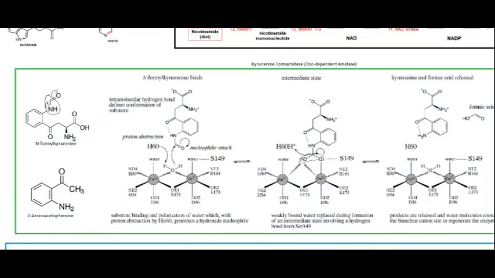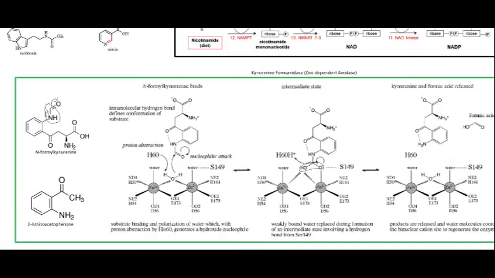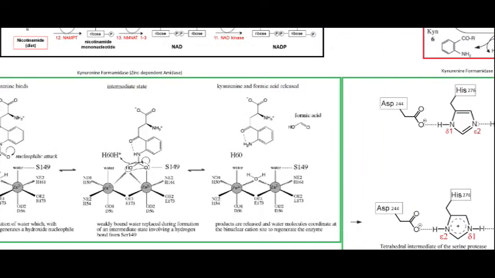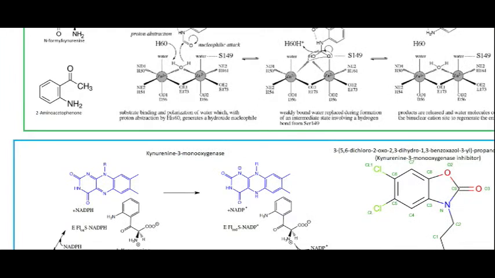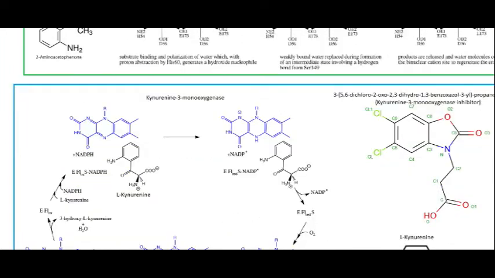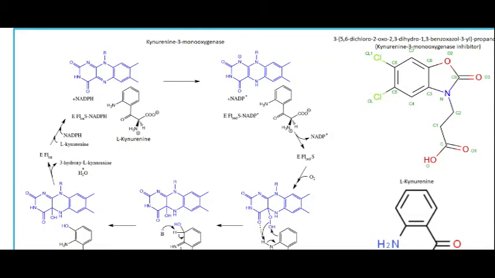All right, and so now we have generated our kynurenine, which is this species right here. And so the next step in that is going to be what's called kynurenine 3-monooxygenase. And so in this mechanism, we have our L-kynurenine going into the active site here.